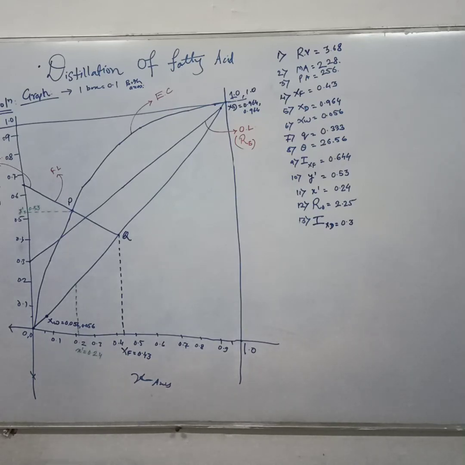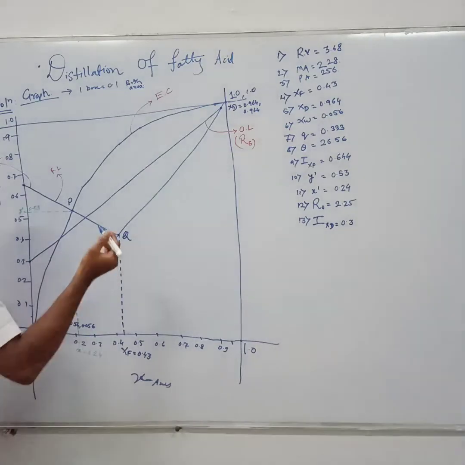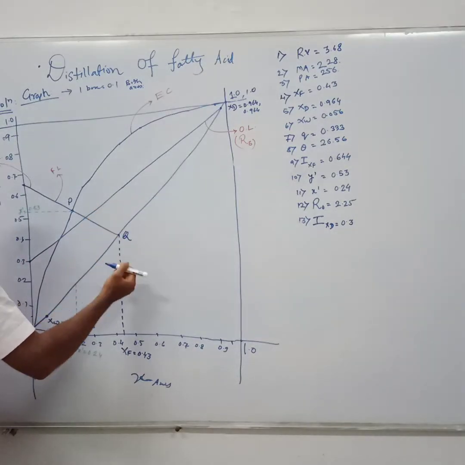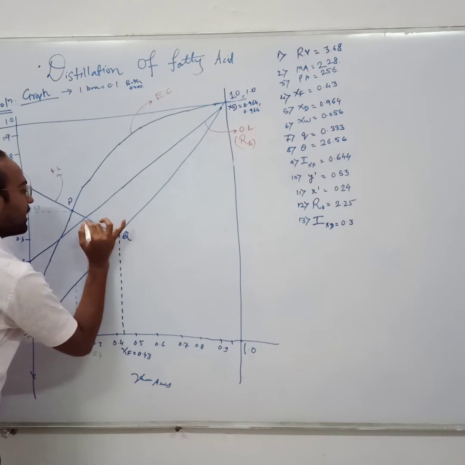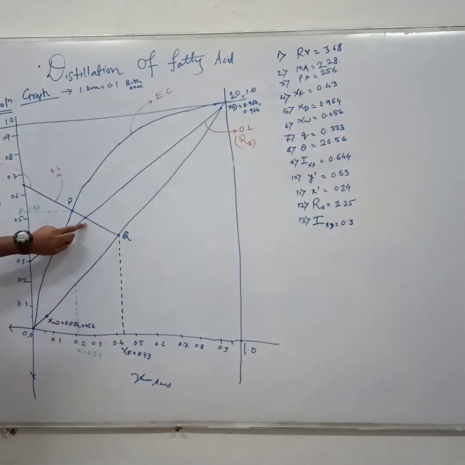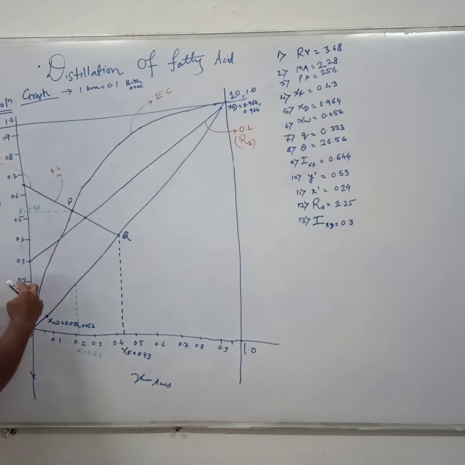And this intersection point of the feed line and the rectification section gives us another point, and this point will become the second point for our stripping section. We already have only one point, xw, and this point will become our second point to draw the operating line of our stripping section.